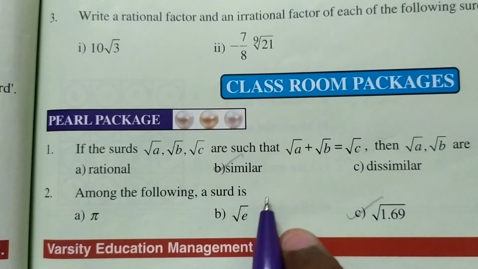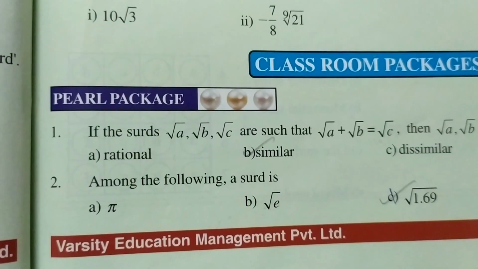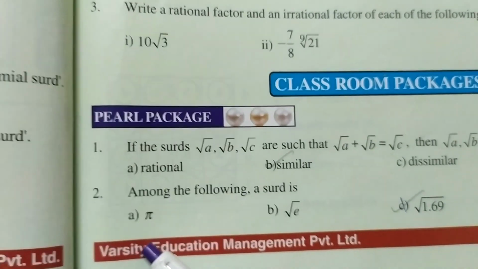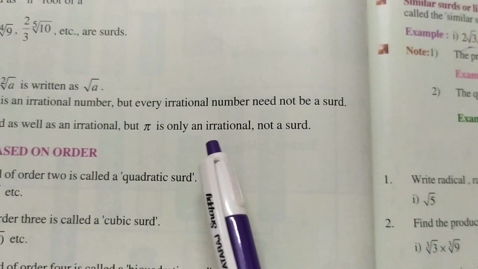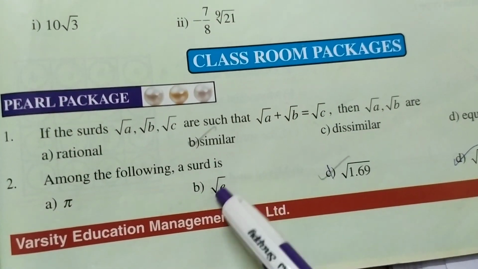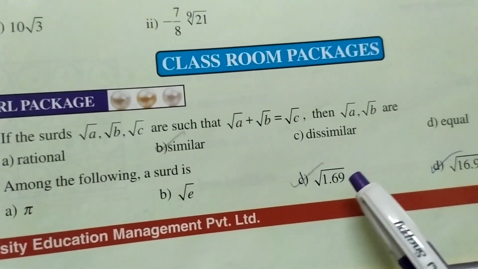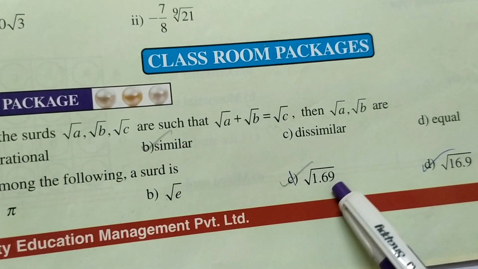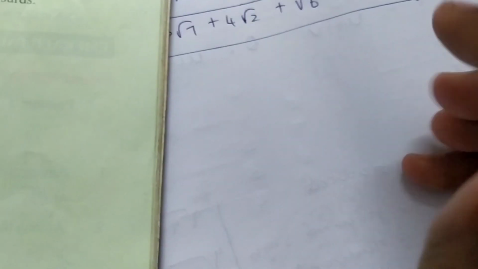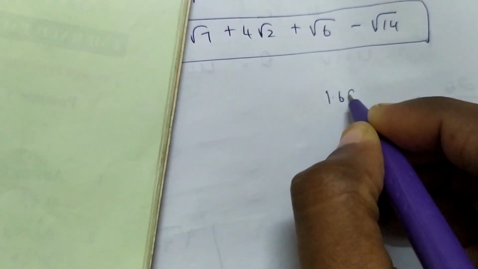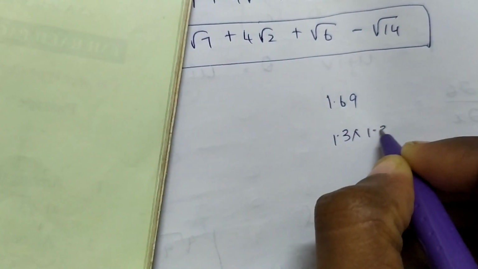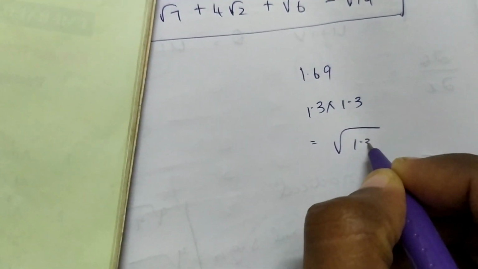Among the following, which is a surd? See, pi I already told you is only an irrational number, not a surd. And root e is also not a surd. Here root of 1.69 means 1.3 into 1.3, which is root of 1.3 the whole square.